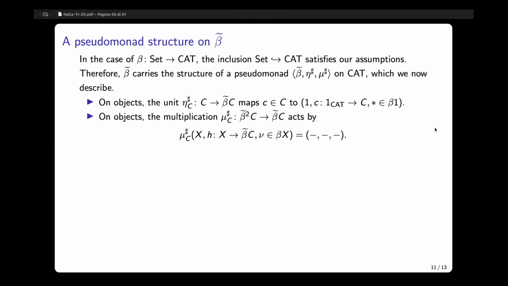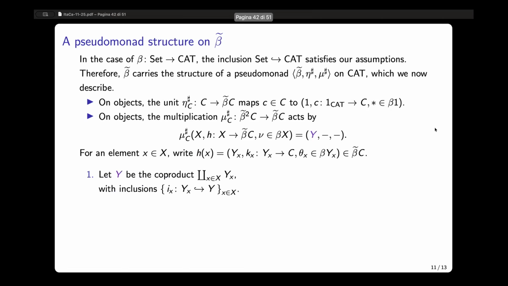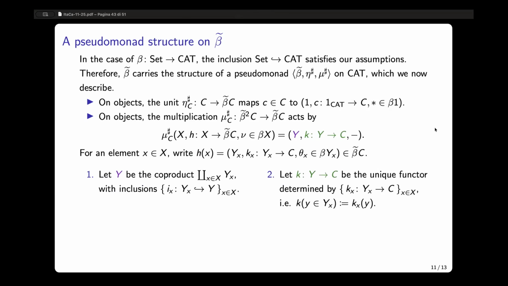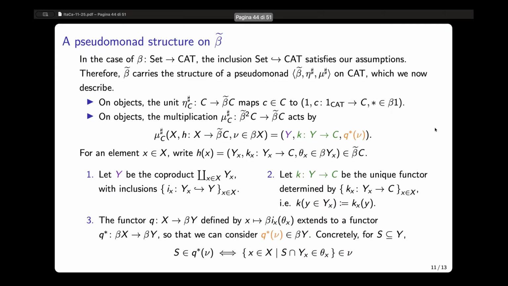The multiplication is slightly harder to describe, but the idea is easy enough. If we have such an object, a triple in beta tilde squared of C, then for every x in X, H gives us a triple again, so we introduce some notation here. The idea is simply we take the coproduct of the first components, the coproduct of all the objects of C given by H, and then we compose all of the ultrafilters that H gives us according to the ultrafilter nu.